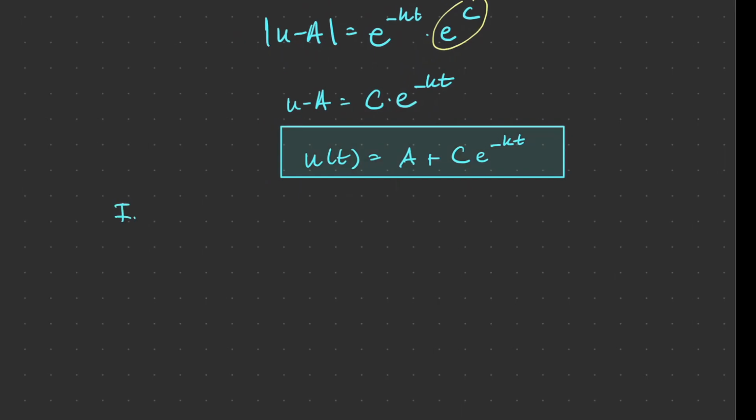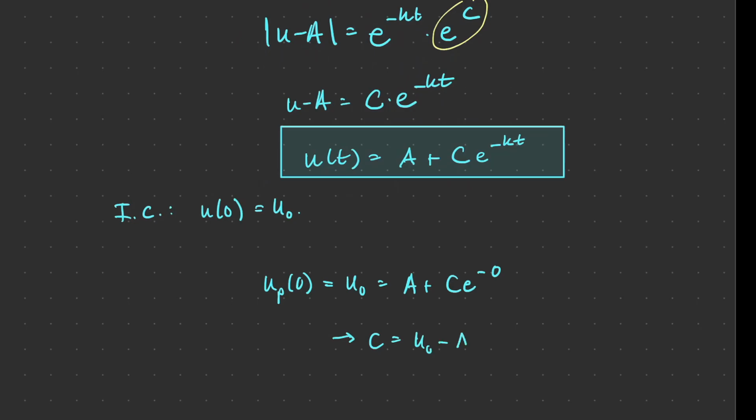Let's say we had the initial condition that u of 0 was some u naught, whatever the initial temperature was, let's leave it general. Then what this would tell us is that u of 0 is u naught, and this is equal to a plus c e to the minus 0, right? So this tells us that really c is what?